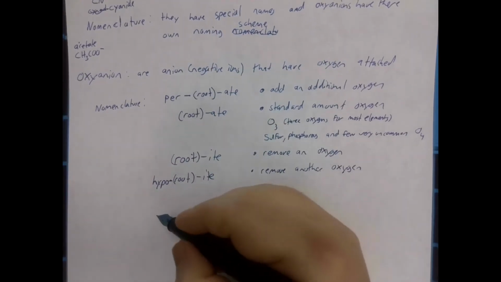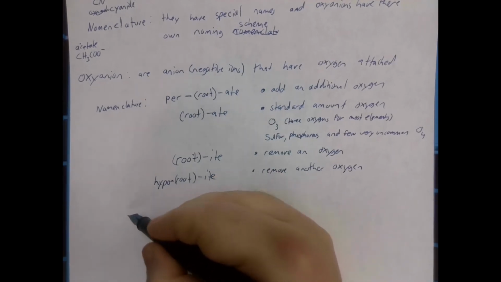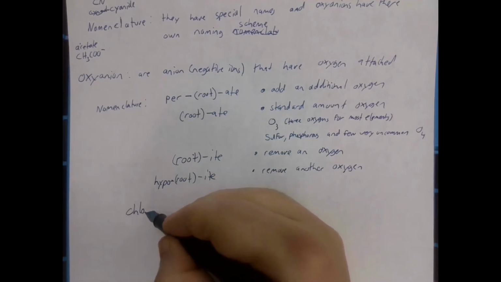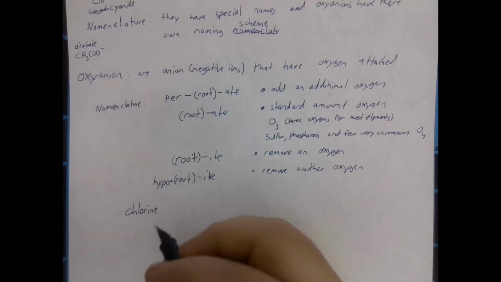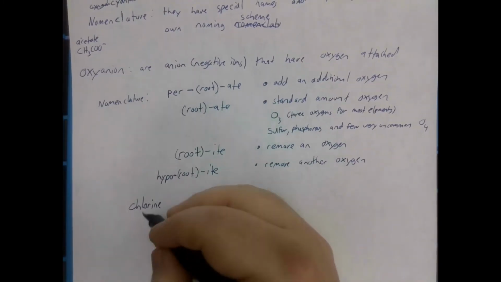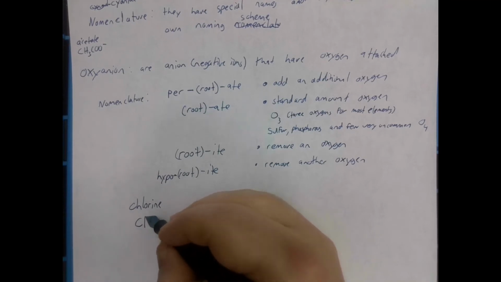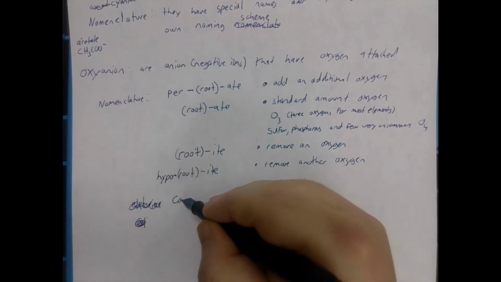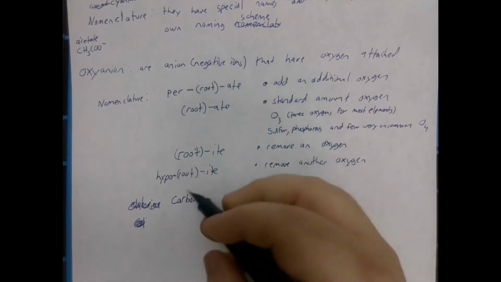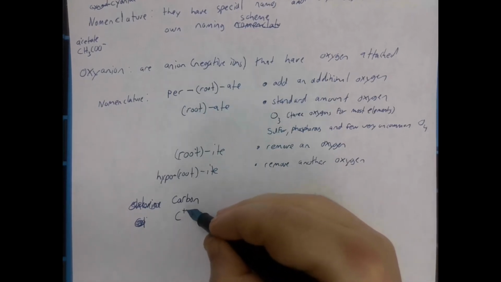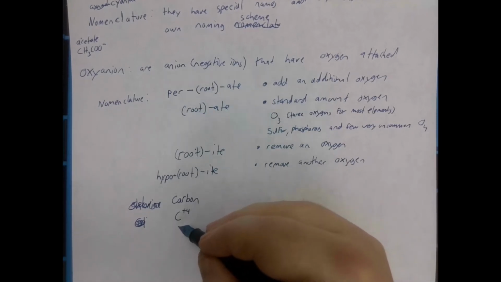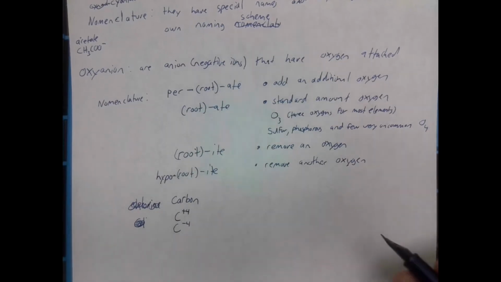So an example here, let's look for chlorine. Chlorine is normally Cl, or let's do something else. Let's do carbon. Carbon is usually C plus 4 or C minus 4.